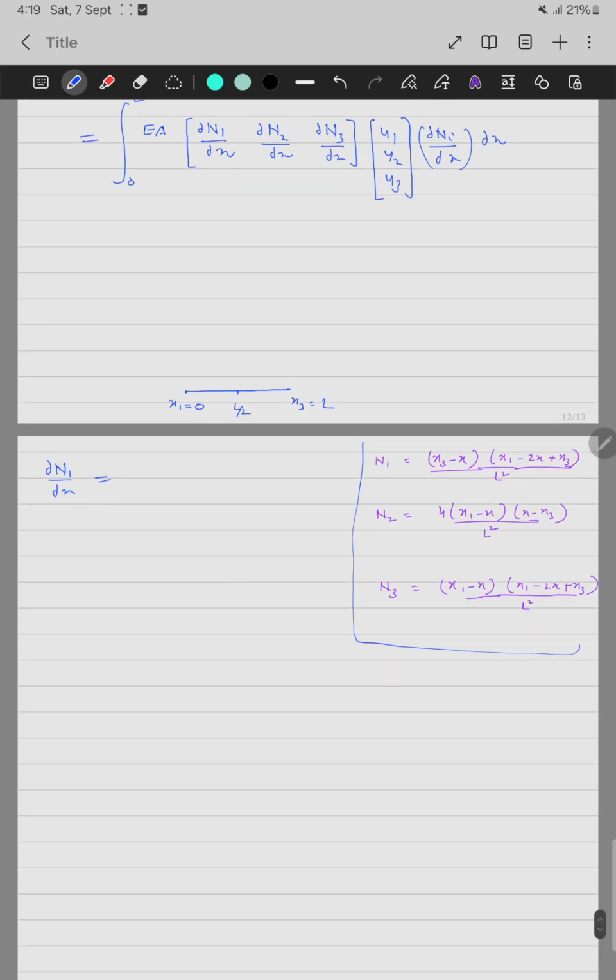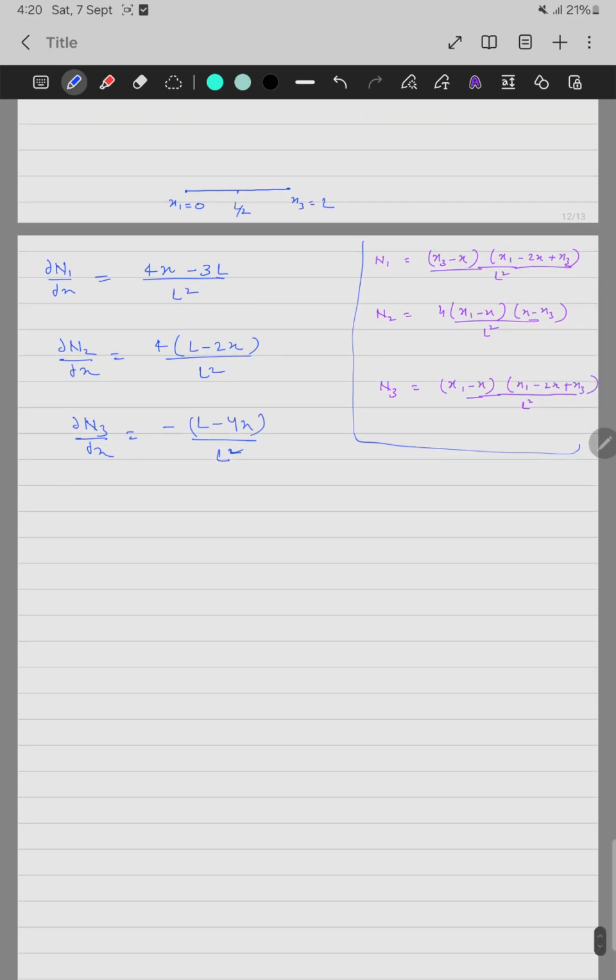Now we can write our del n1 by del x under these conditions as, after differentiating with respect to x, 4x minus 3L divided by L square, and del n2 by del x we will get as 4 times L minus 2x divided by L square, and del n3 by del x we will get as minus L minus 4x divided by L square.